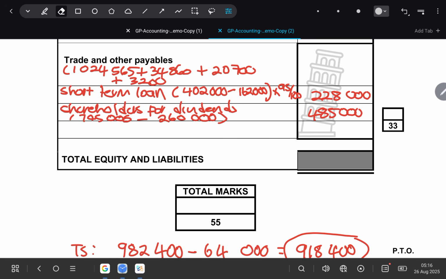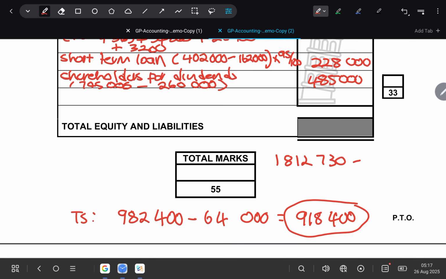So remember, for you to know how much they actually owe you, you say 1,812,730 minus what you were supposed to pay, which is 1,750,000.